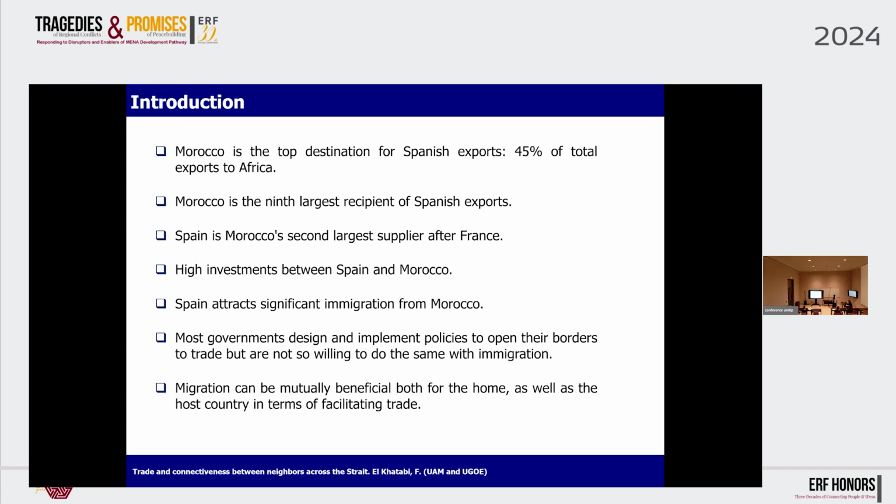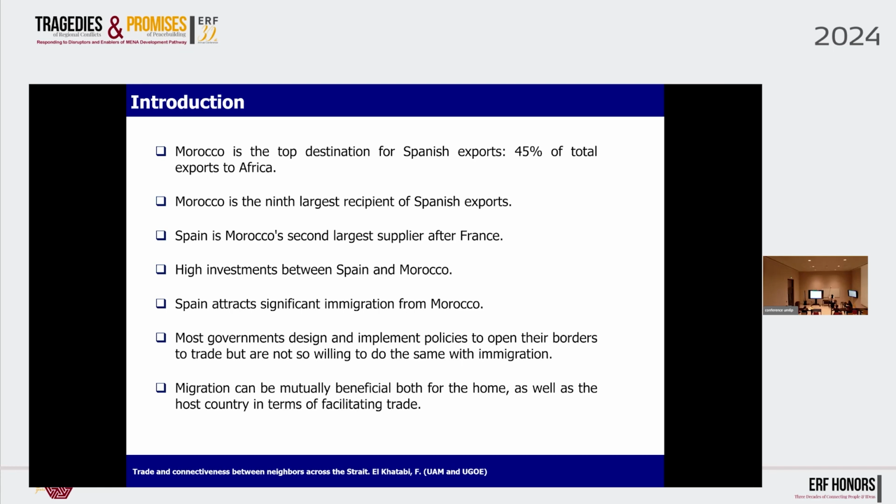And of course, Spain attracts significant migration from Morocco. In Spain, there are around 775,000 Moroccan immigrants living there, being the first nationality with the most residents in Spain.